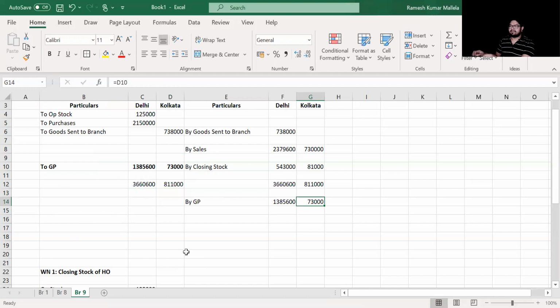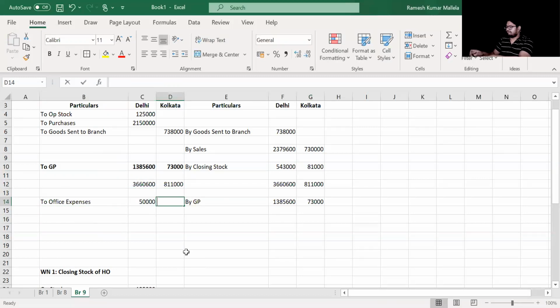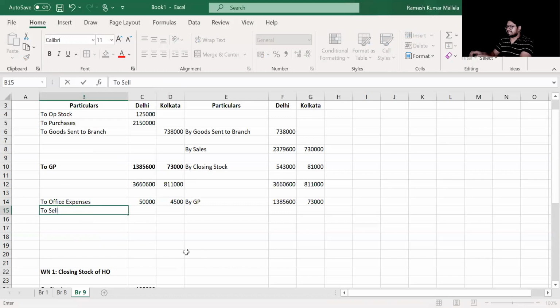What all we have? Expenses. So office expenses is given. Office expenses is 50,000 for head office and 4,500 for branch. Then to selling expenses, you have 32,000 and 3,300.